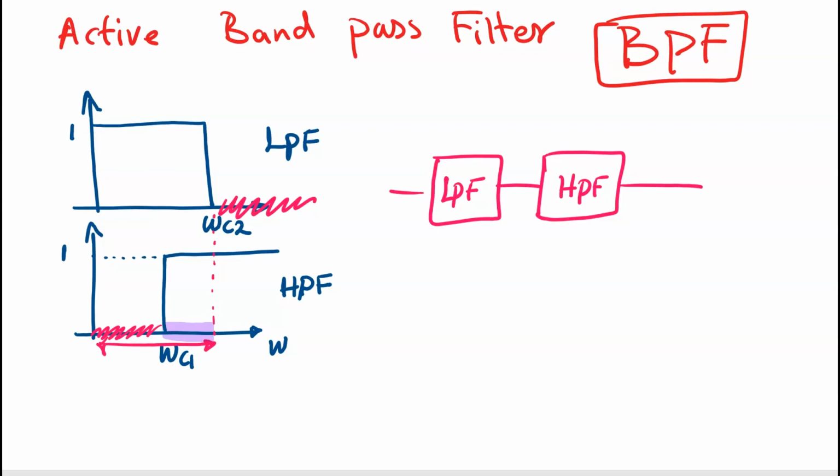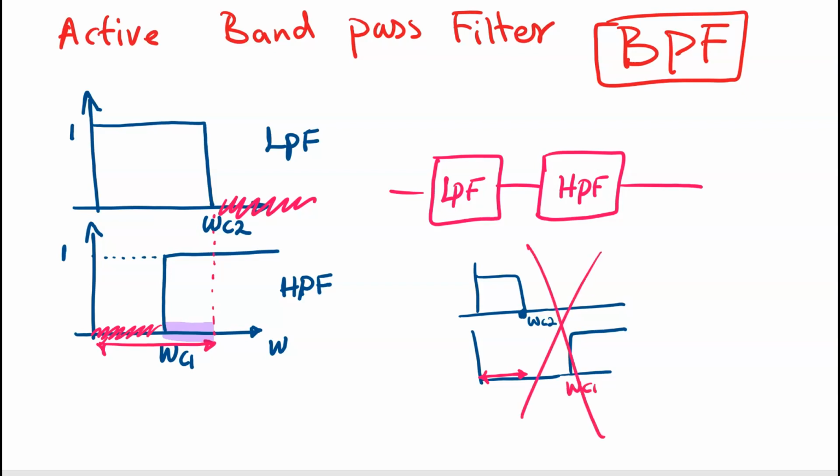If it's not the case, then what will happen is that I'm going to have something like this, and then the first filter will kill all the frequencies greater than omega C2, which is here, and only this part of frequency will survive. And then this range of frequency cannot go through the high-pass filter because it's lower than its cutoff frequency. So it means that no signal can survive both of them when they are cascaded.